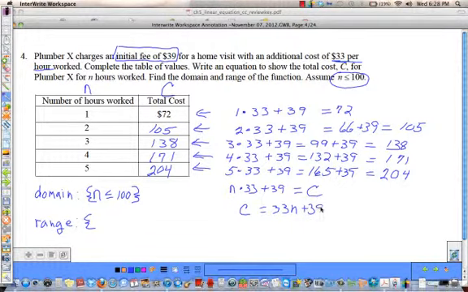Our range then is going to be C equals 33n plus 39.